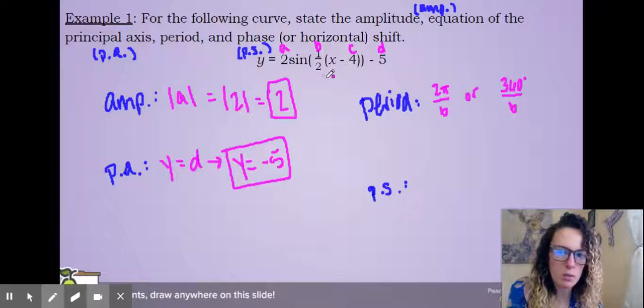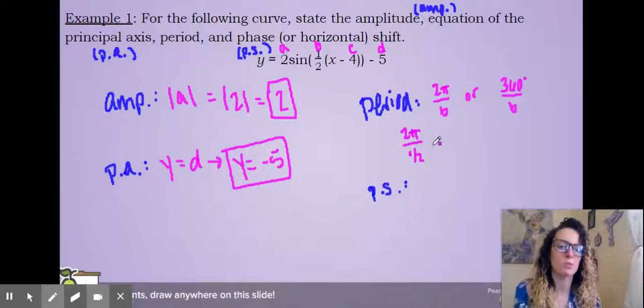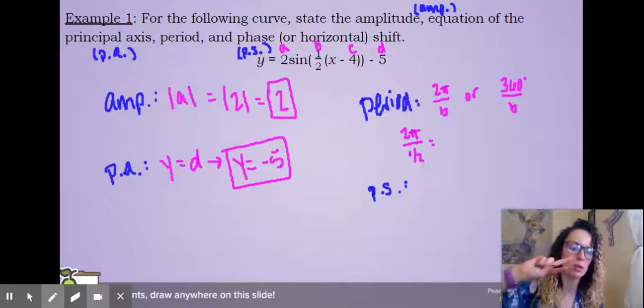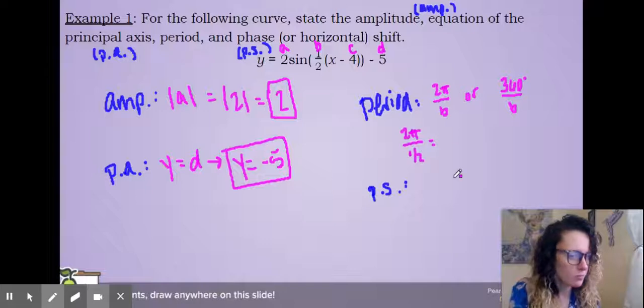My B value is 1/2, which means my period in radians first would be 2 pi divided by 1/2. Just like any other problem, that looks a little bit messy, so we shouldn't leave our answer like that. Depending on how comfortable you are with dividing fractions, remember that you're just multiplying by the reciprocal, so keeping the numerator, changing to multiplication, and flipping the denominator.